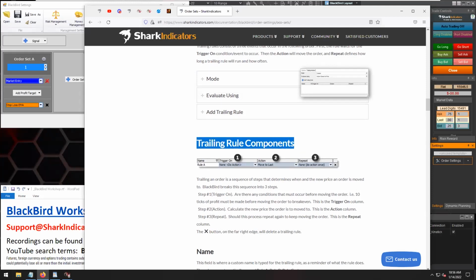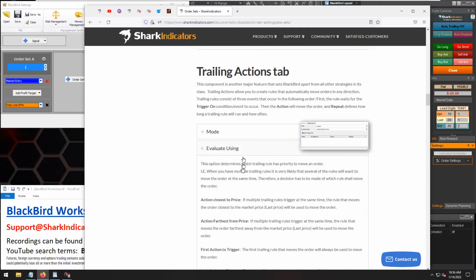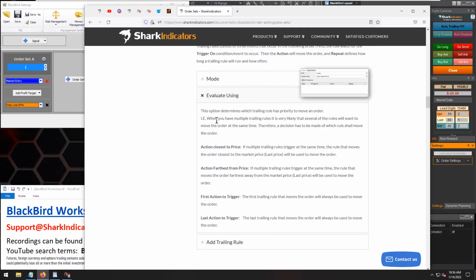Right here, the evaluate using, there's a description for the different evaluate modes: action closest to price, action furthest from price, as I mentioned.